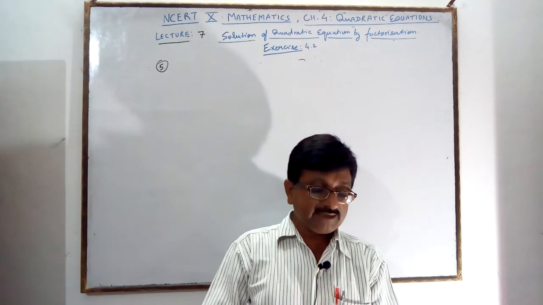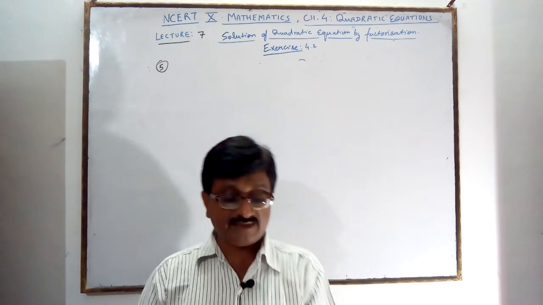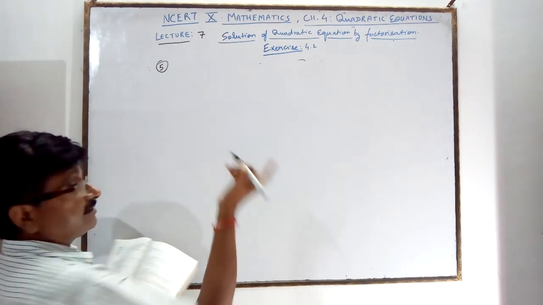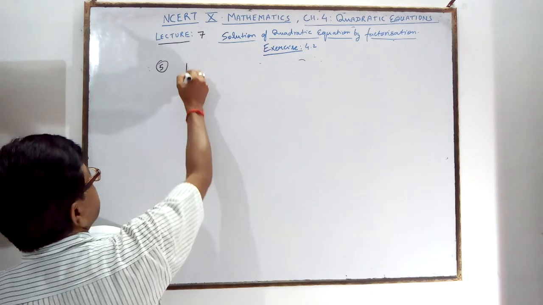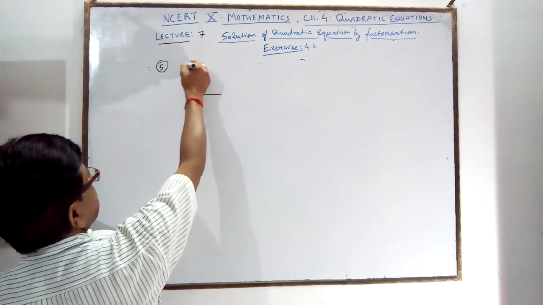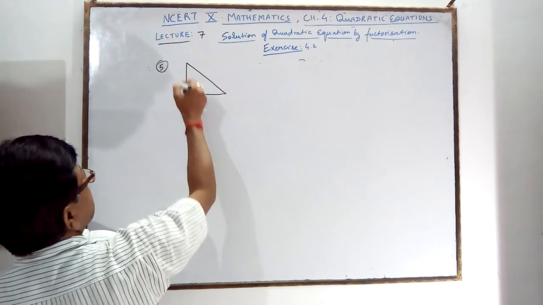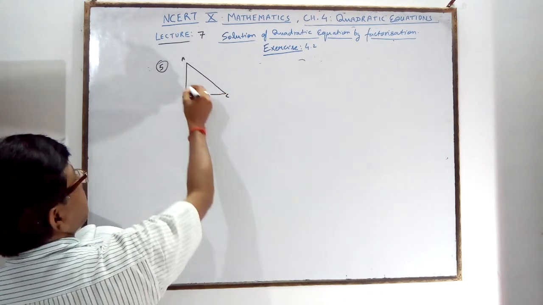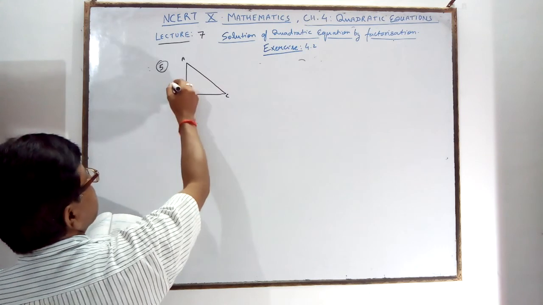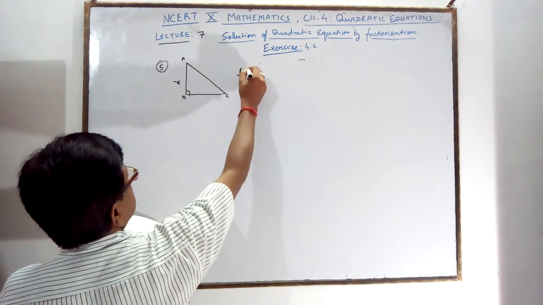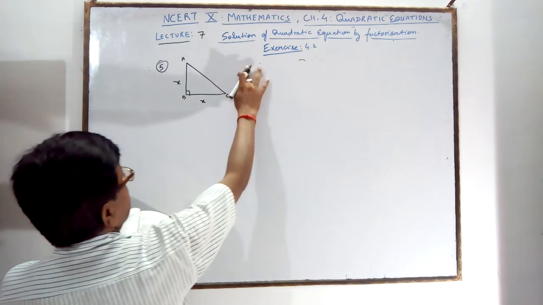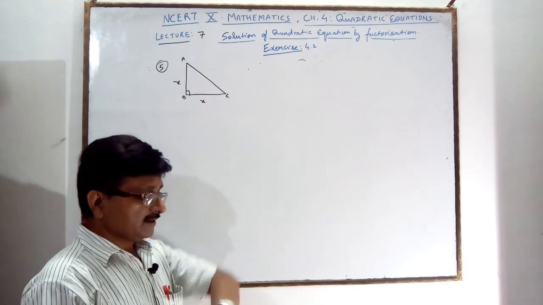Fifth question: the altitude of a right triangle is 7 centimeter less than its base. Right triangle, very simple. If you have any problem, you can draw a figure. Let the base be x. What will be the altitude?